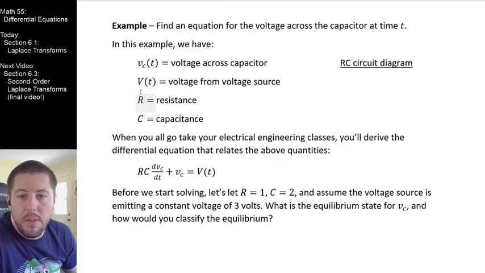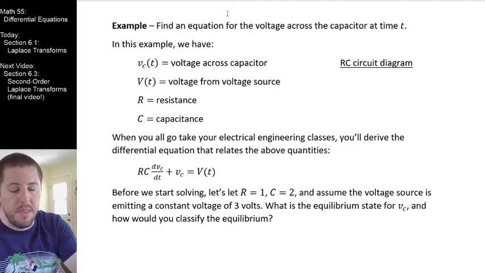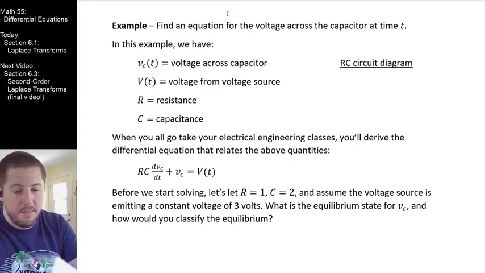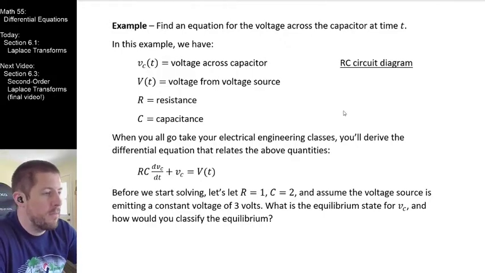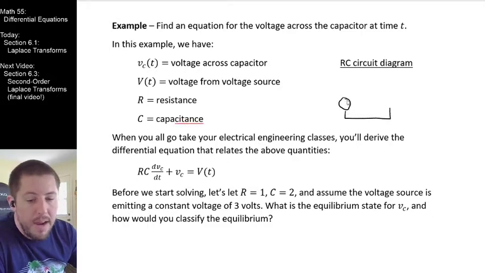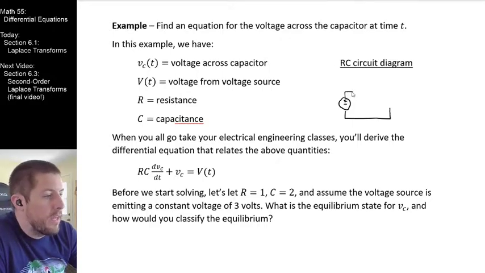And here are the letters that I'm going to use to represent some things within this RC circuit that we're seeing right here. So let's go ahead and draw our diagram and talk about how this is going to work. In our RC circuit diagram, here's our battery that's providing us the voltage right here. It's got our positive end and our negative end. Leaving the battery, we're going to hit a resistor. It's our typical notation for a resistor in an RC circuit diagram.